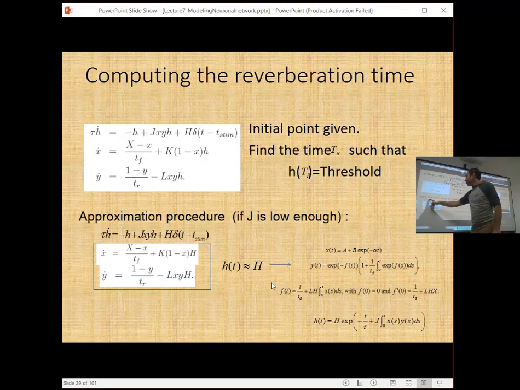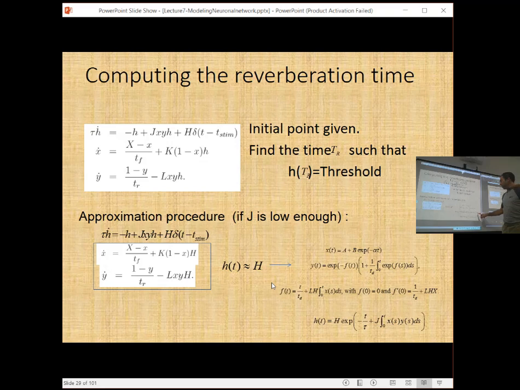Once you have solved this for x, x is a function of time. If it's a function of time, this is f of t, and now you can solve it for y. And y is just the method of variation of constants to get y of t. I get x of t, I get y of t, and it depends on the function f of t that you know. It's a function that depends on x, as we said.